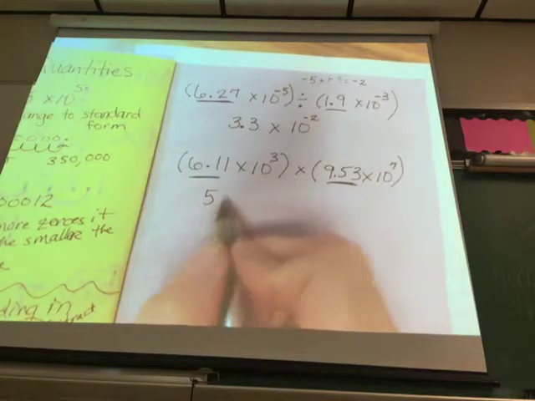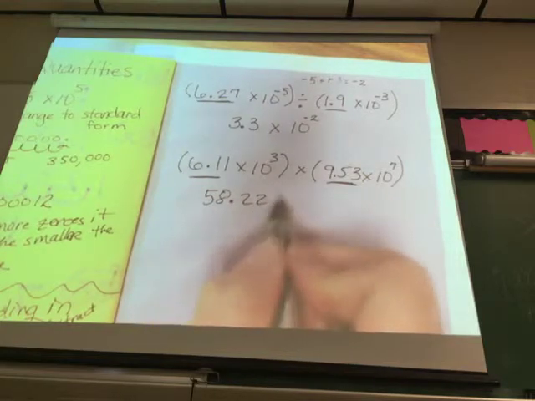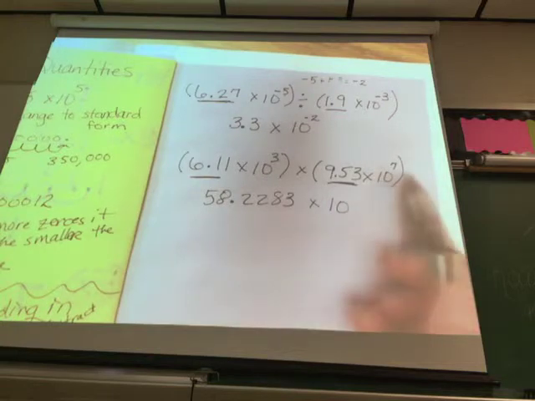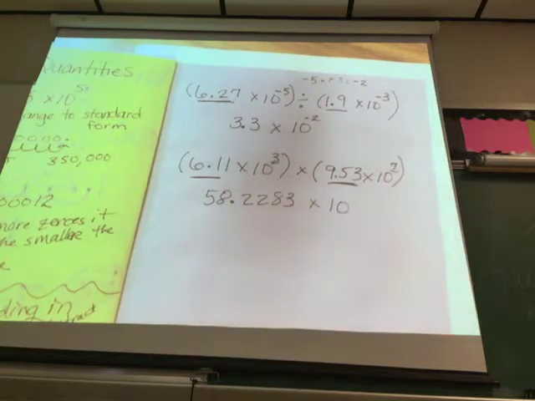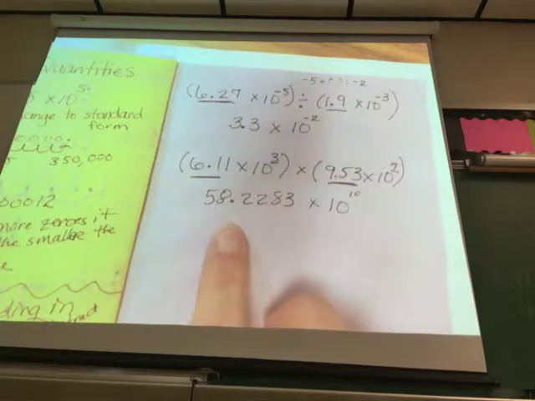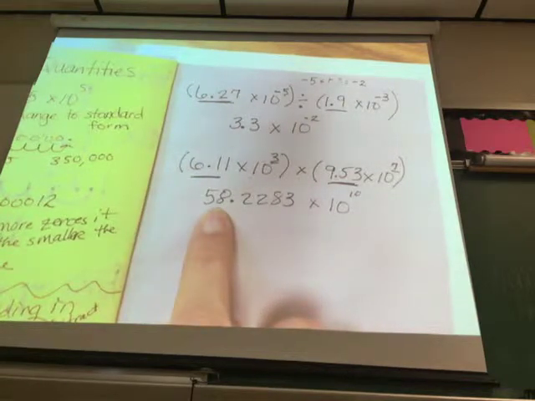We got 58.2283 times 10 to the what power? Yes, 10 to the 10th. I can't leave it like this because this number is not a number between 1 and 10. It's a 58. So we have to fix it.